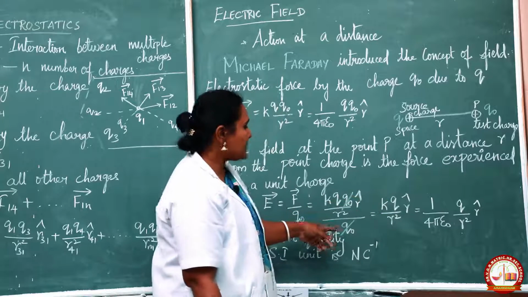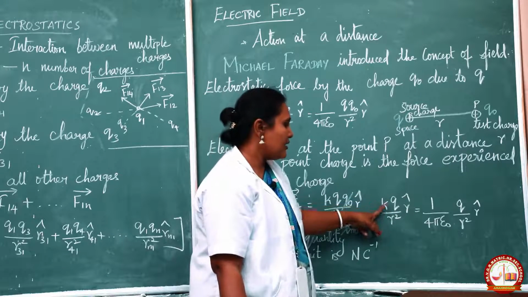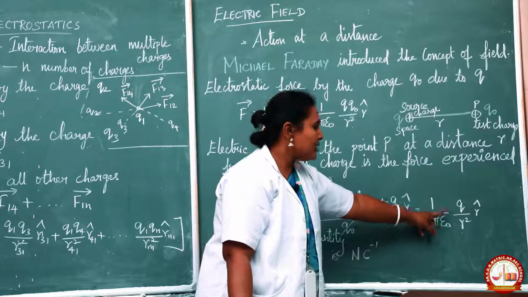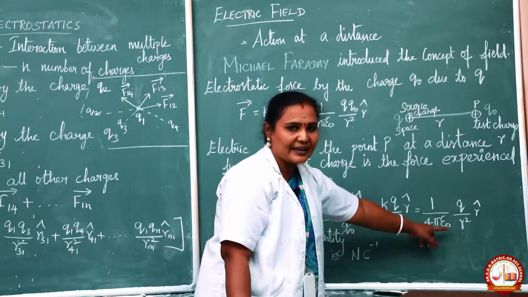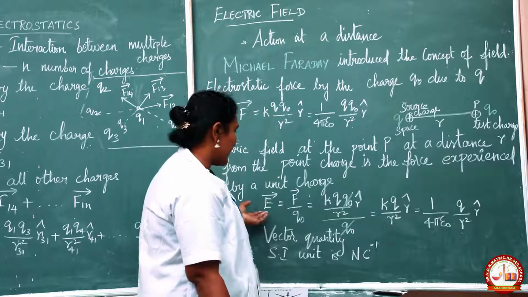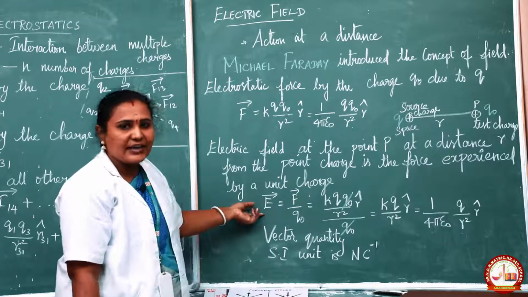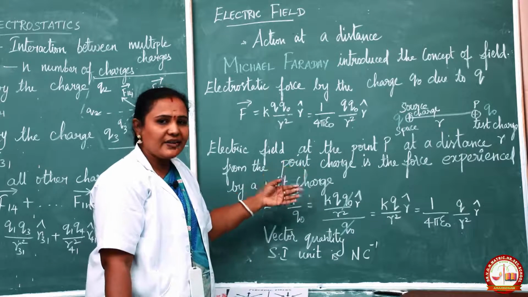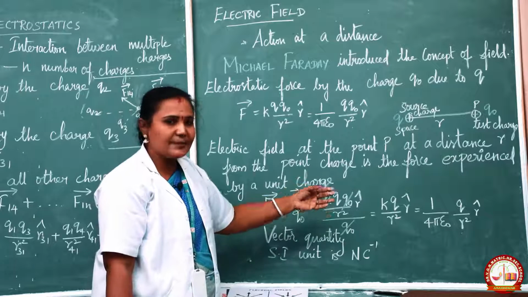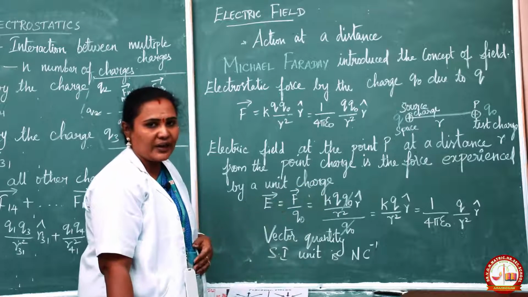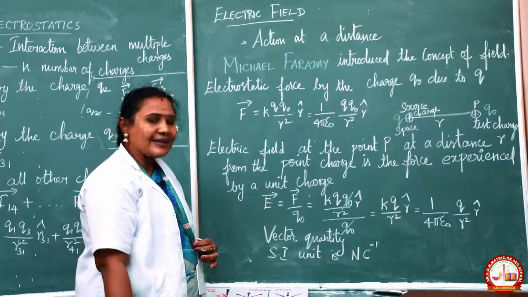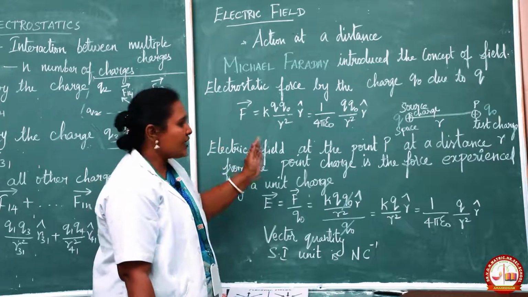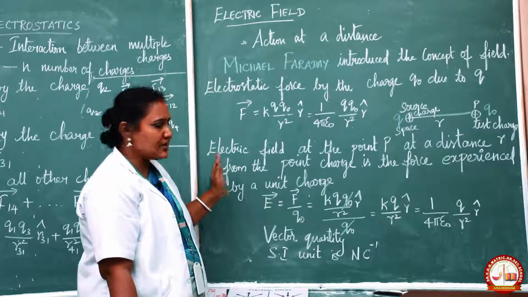Substituting the value of K, which is 1 divided by 4 pi epsilon naught, we get Q by r square r cap. This is the expression for the electric field: E vector is equal to 1 divided by 4 pi epsilon naught, Q by r square, r cap. Here r cap represents the unit vector directed from the test charge to the source charge.